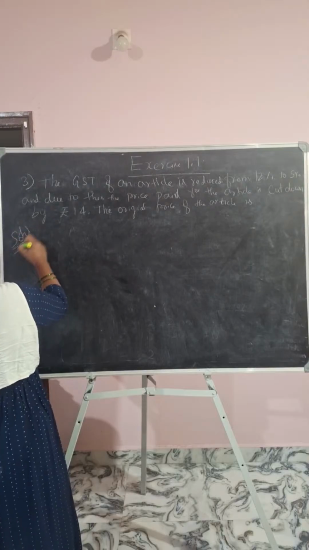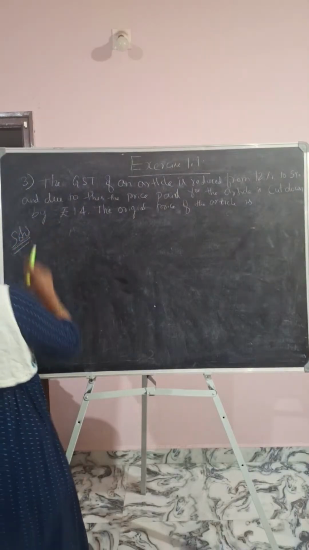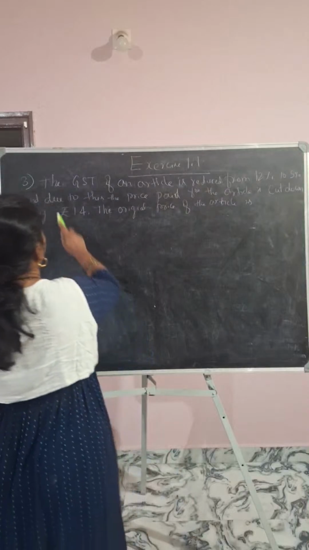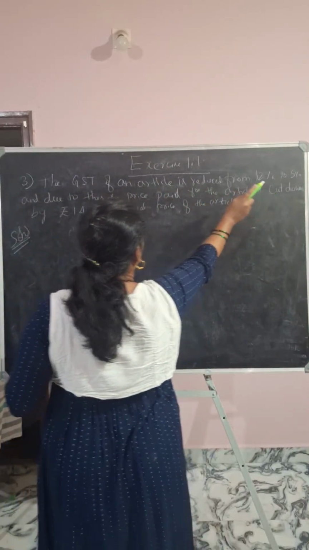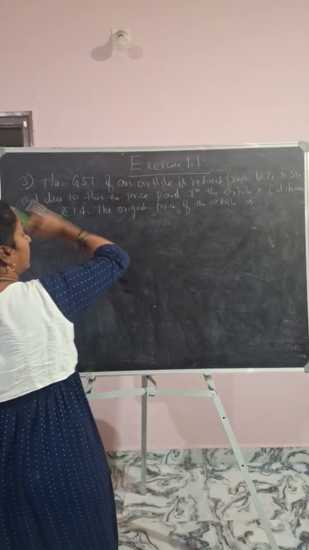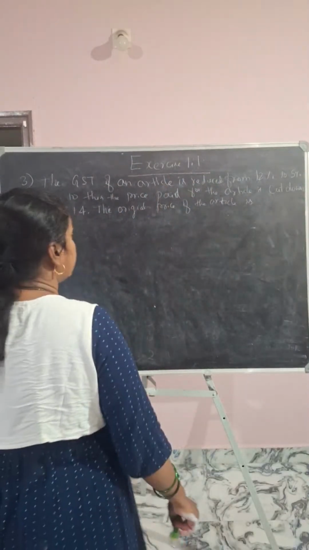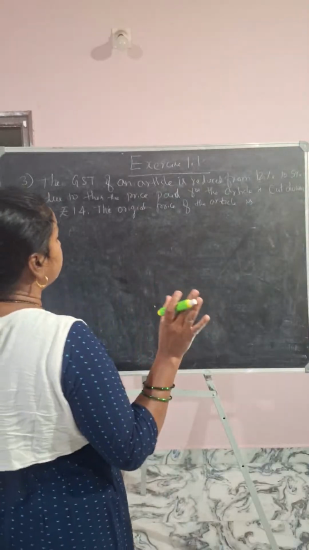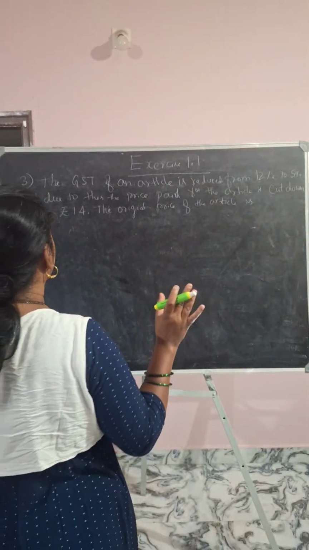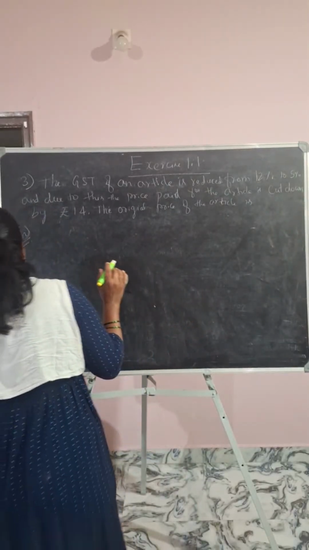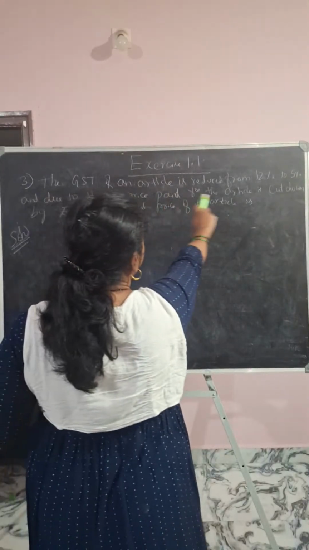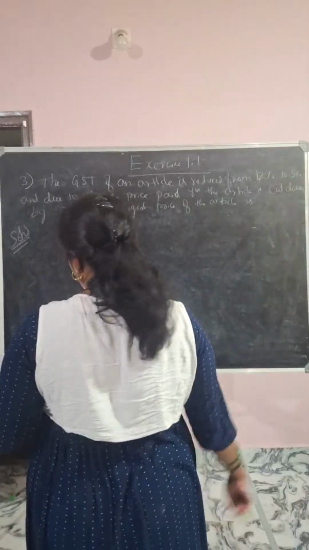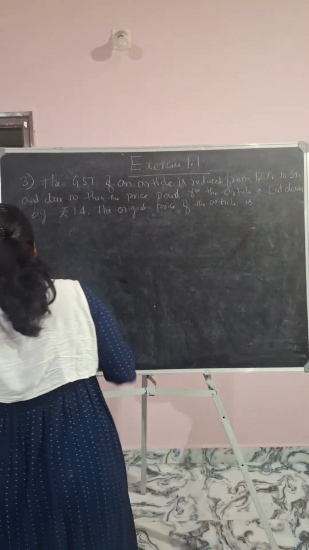Now let us solve this problem. Here they are given that the GST of an article is reduced from 12% to 5%. They have not mentioned the price of the article. Simply they have given that the GST is reduced from 12% to 5%.